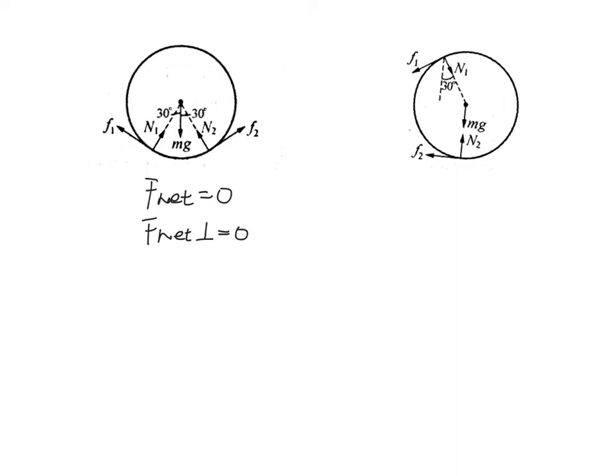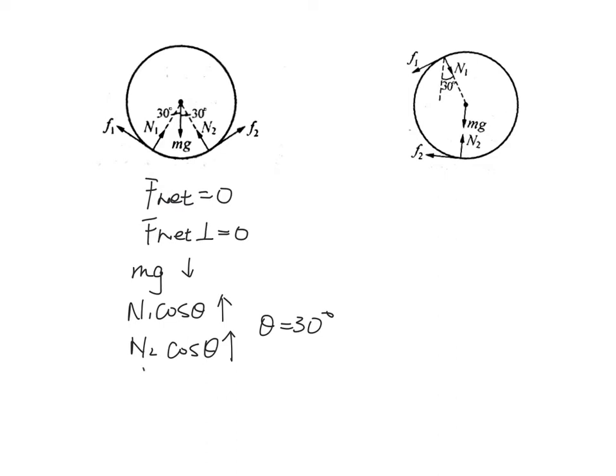Let's write down all the forces in vertical direction. We have gravity, mg, which is downward. We have N1 times cosine theta, which is vertical upward, and N2 times cosine theta. And here theta equals 30 degrees.